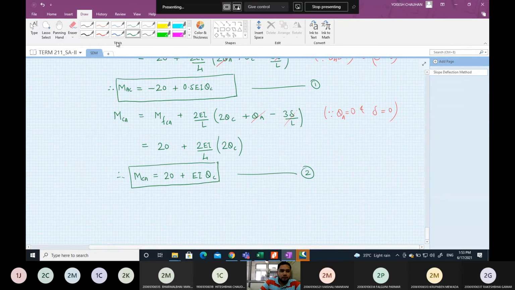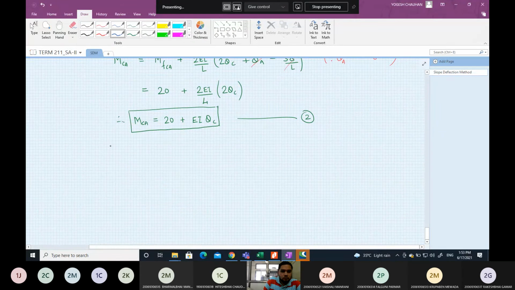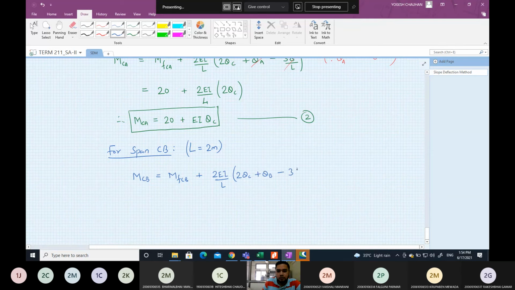Now for the next span, for span CB, here the length is 2 meter. Your equation will be MCB is equal to MFCB plus 2EI by L into 2 theta C plus theta B minus 3 delta by L. Now what is MFCB?